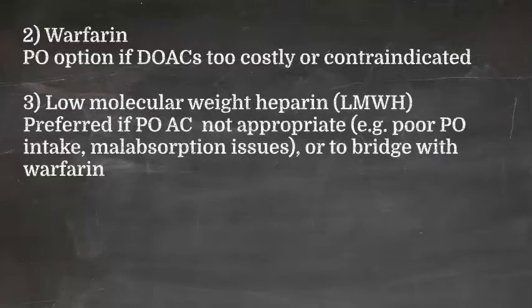These are sub-Q injections, so the patient is able to do those at home, whether they give themselves the injections or have someone else do it. But it's a relatively easy way to keep yourself anticoagulated, though these are injections, so less easy than taking PO meds, but it's still a fairly reasonable regimen.